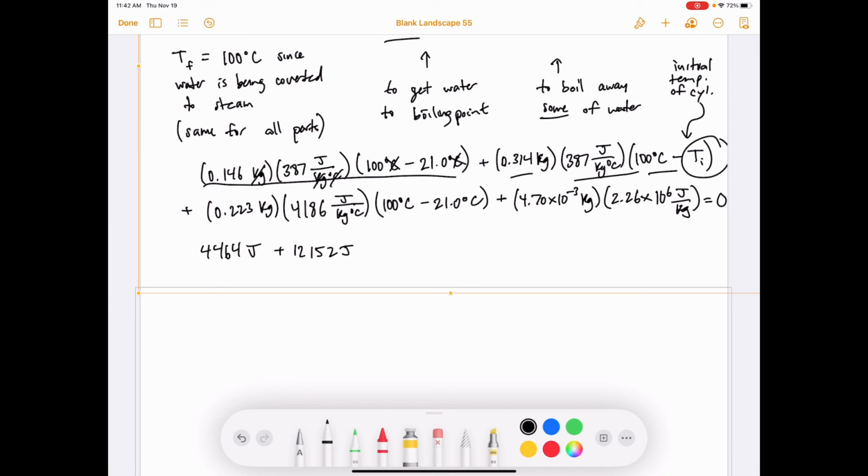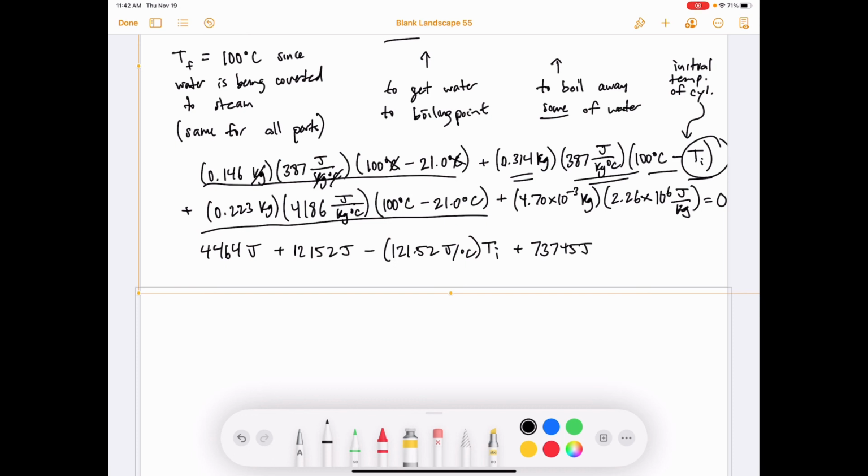And then what we're going to do is look at the second term, which is 0.314 times 387 times minus T initial. So this is going to be minus 121.52. The units are joules per degree Celsius here, multiplying T initial. Okay, then we have this entire term right here, which if you crunch the numbers is 73,745 joules.